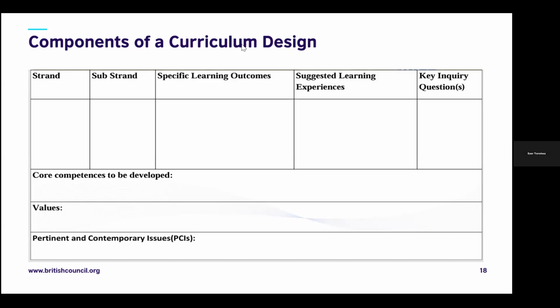Learning experiences are the activities or tasks that a trainee should carry out in order to develop desired knowledge, skills, values, and attitudes, and their interactions are how learning takes place.